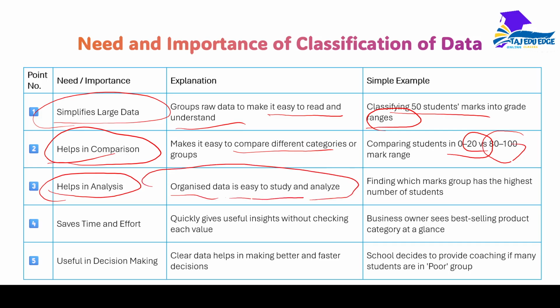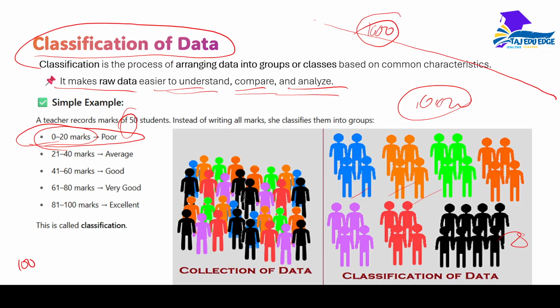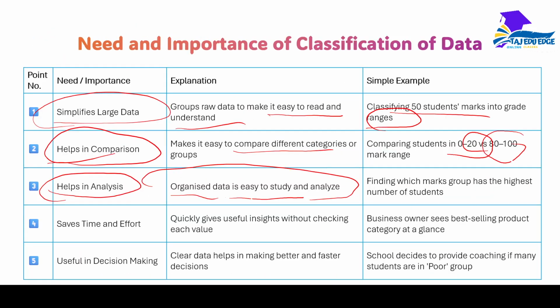We can analyze it, evaluate it, and understand something from that. We can make the data make sense. From the example which I have already given, which you are seeing here, we can easily get to know which group has more students. That is an example of analysis, finding which marks group has the highest number of students.